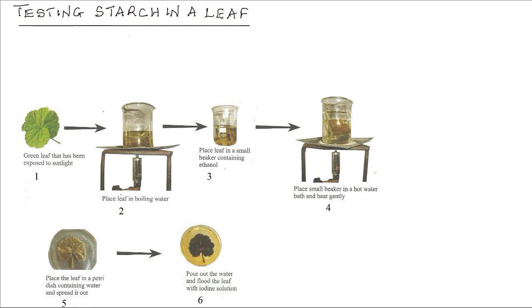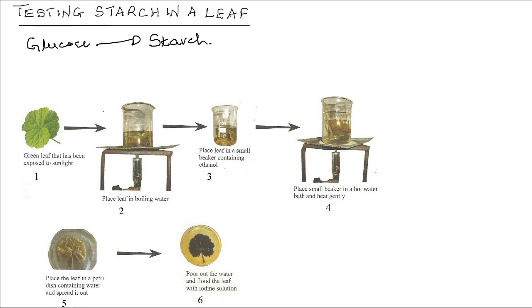Because during photosynthesis, carbohydrates are formed and excess glucose is converted into starch that is then stored in starch granules within the chloroplast.